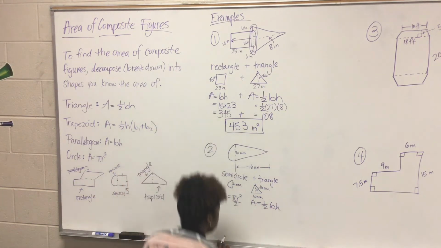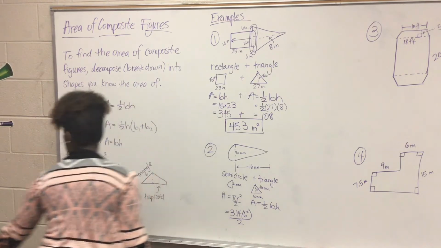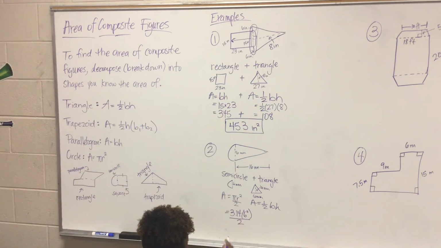So when it's time to fill in, we have the area of a circle, 3.14 times 6 squared. Then we're going to divide it by 2. Remember to do exponents first, so 6 times 6 is 36.